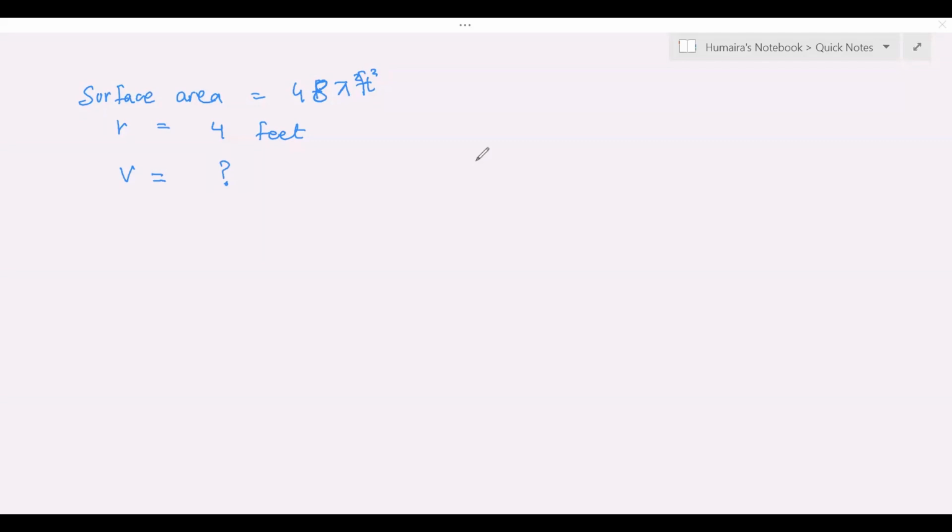And what is the formula for the volume of a cylinder? What is the formula for volume of a cylinder? I'm not sure.